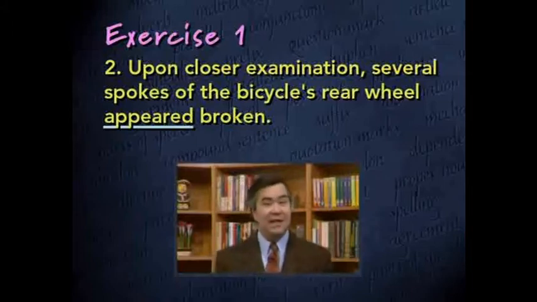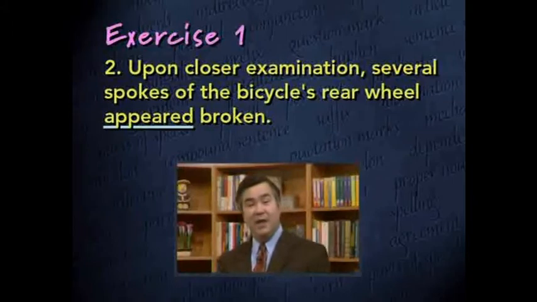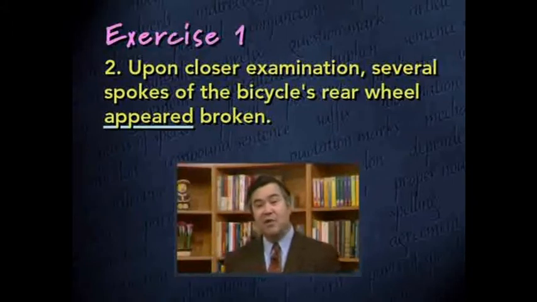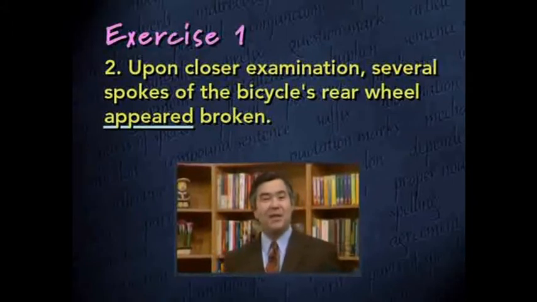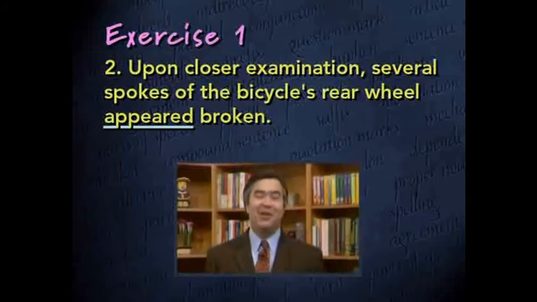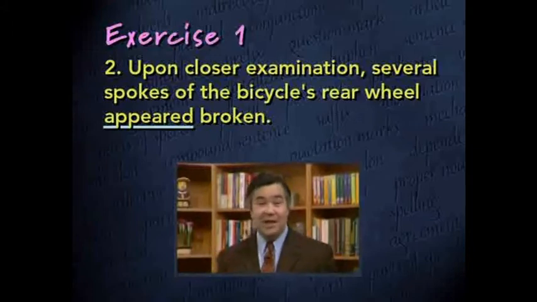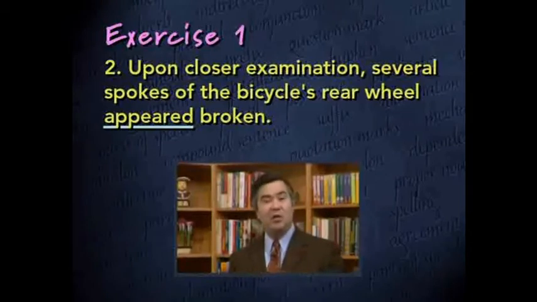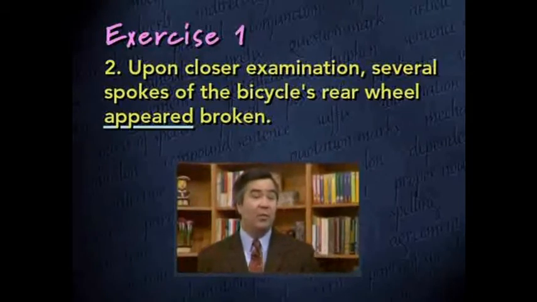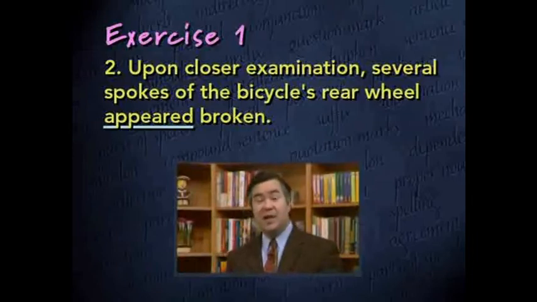Now, in this case, is appeared being used as a verb of action or a verb of being? Well, it's being used as a verb of being because it's not telling us something that the spokes did, it's telling us something that the spokes were. Namely, they were broken. The word appeared is being used almost as the equivalent of the verb to be, and the two things are being linked.